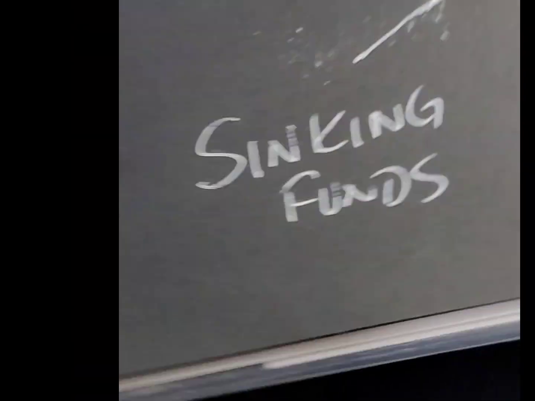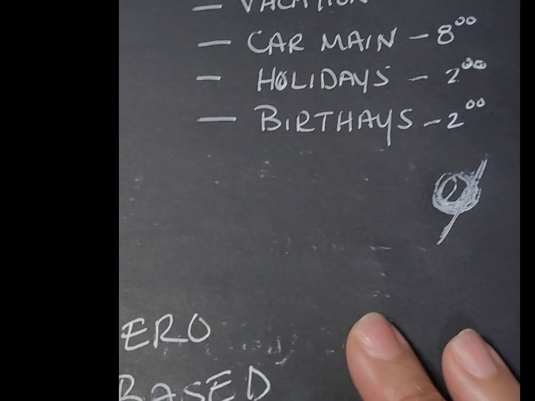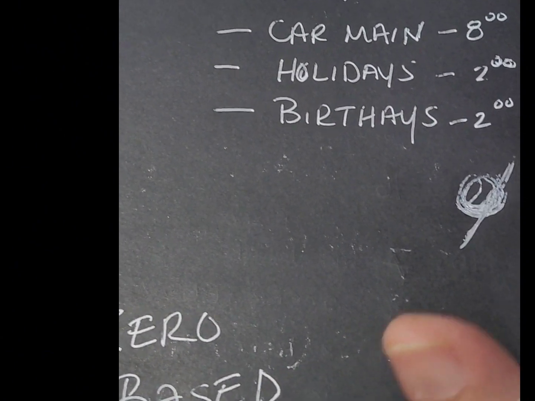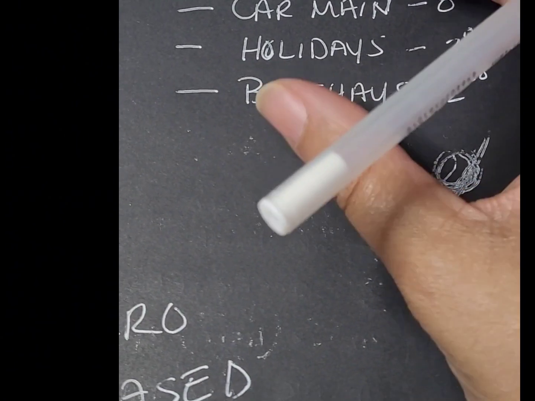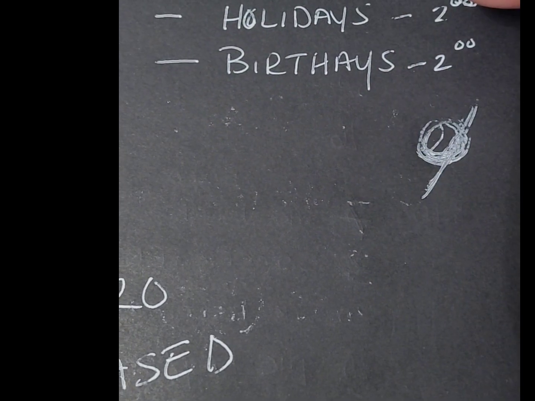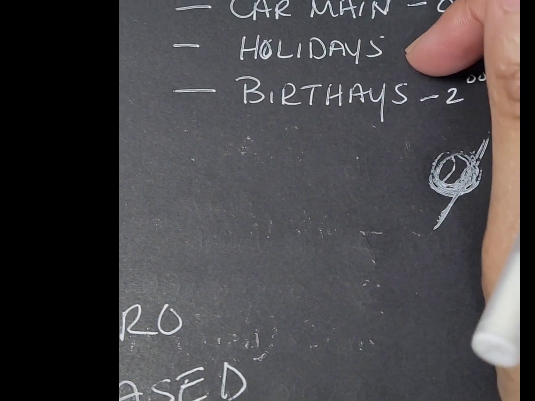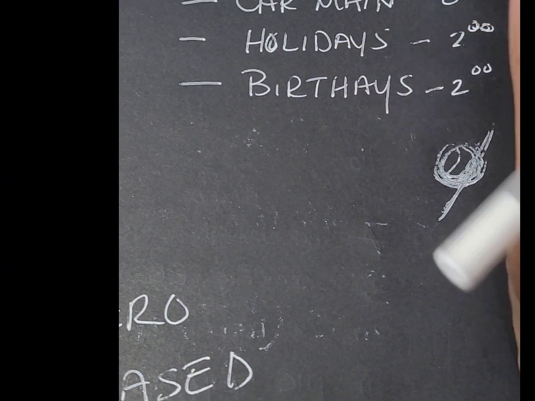And like I said, sinking funds are things that you choose. These are just some examples of what you would choose for your sinking funds. It could be anything that you want, but some of the basic examples are vacation, car maintenance, holidays, and birthdays.